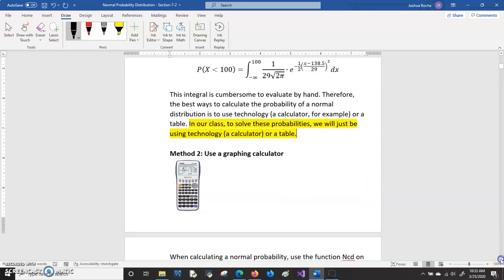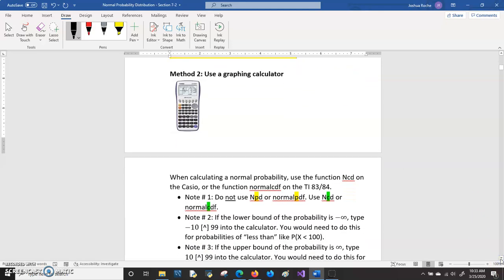We'll take a look at this second method, using a calculator. When you use a calculator, you'll use either NCD, which is on the Casio calculator, or you'll use the function called normal CDF on the TI-83 or 84.